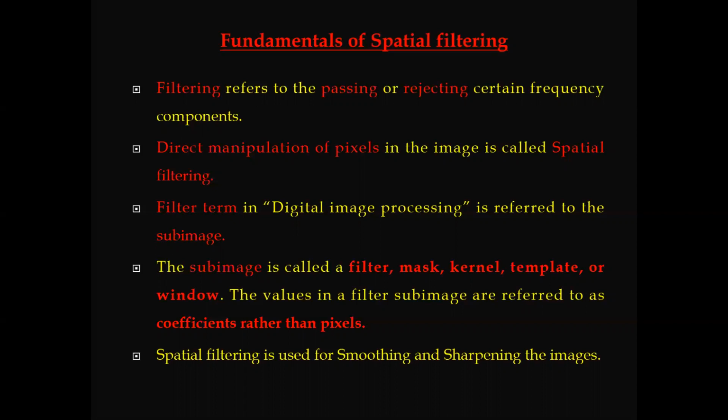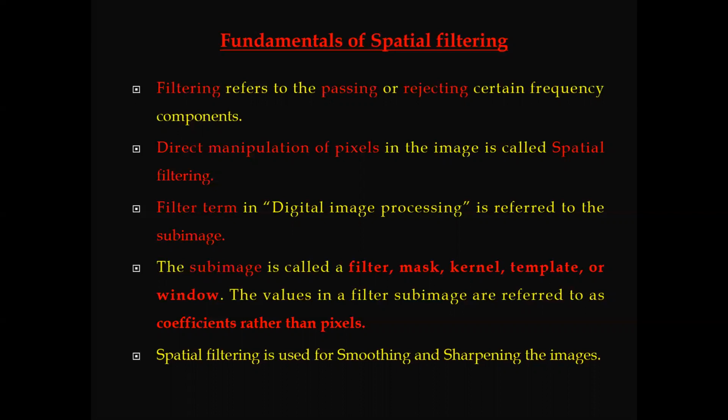That means whenever we pass any image through a filter, filters may allow certain components of an image. So filter refers to the passing or rejecting of certain frequency components of the image. So certain frequency components. So what are the general components which are present in the image?